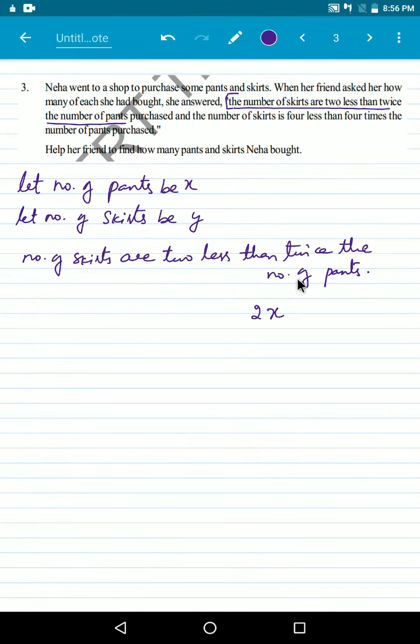Twice the number of pants means double the number of pants, so it will be 2X. Two less than that means we should subtract 2 from twice the number of pants. So the number of skirts, which we took as Y, should be equal to 2X minus 2. Okay, so this is the first equation we have.